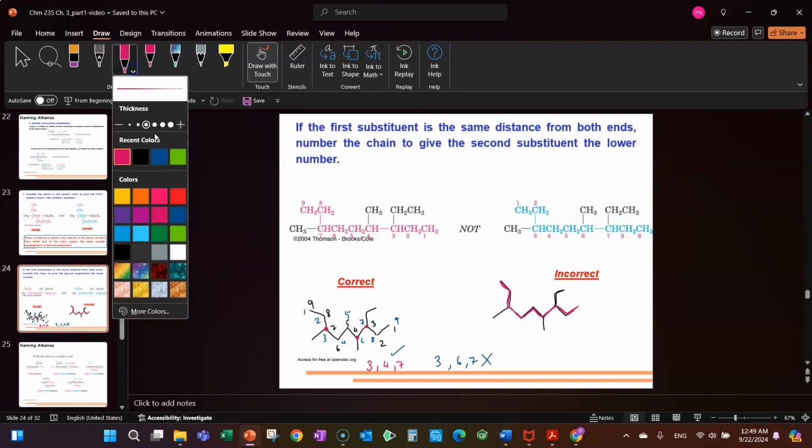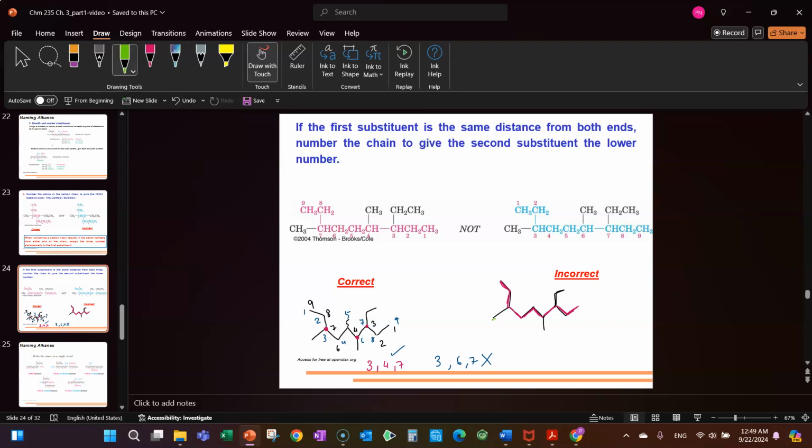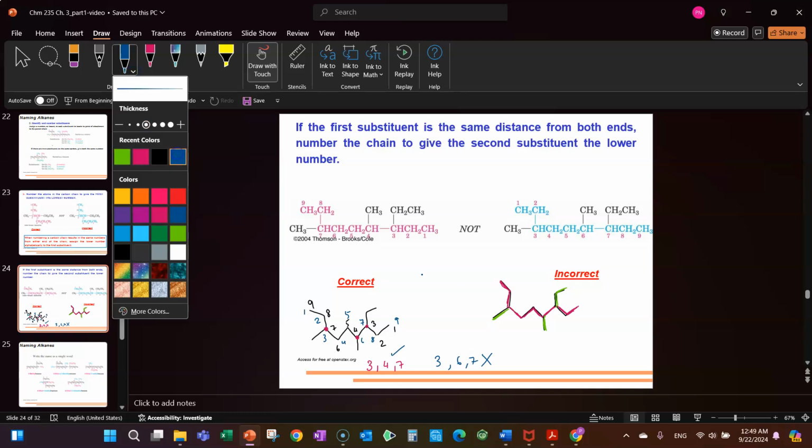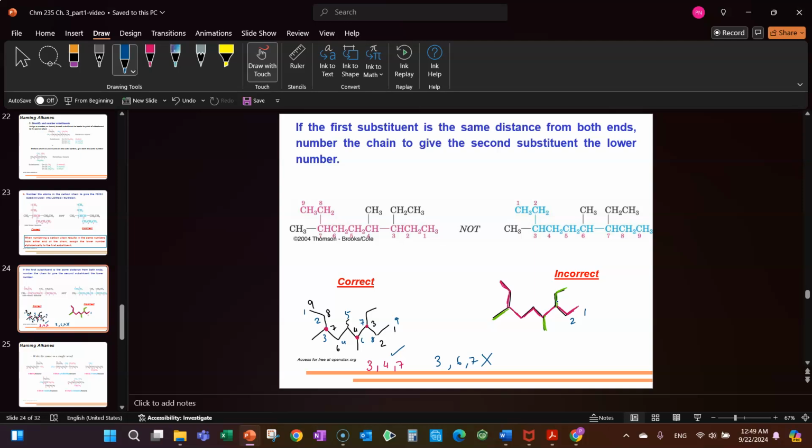Okay, once you identify your longest chain, then you can identify your substituents here. These green ones are your substituents. And then since we decided that we are going to number from this side, we'll number 1, 2, 3, 4, 5, 6, 7, 8, 9. Okay. So if you look at it, we have at the third position an ethyl group, at the fourth position and seventh position we have methyl groups.